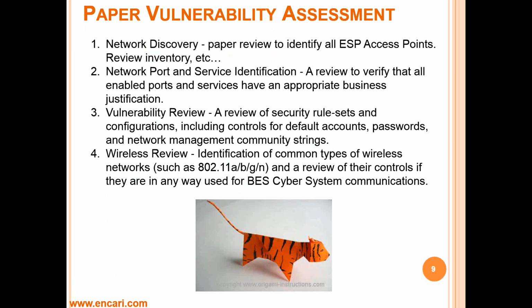They mentioned wireless review here, and they also mentioned it under the active, but a lot of environments have no Wi-Fi whatsoever in terms of their industrial control system. So what do we do if we don't have any of that? Well, if it's not in use in any way, then it's not in use.